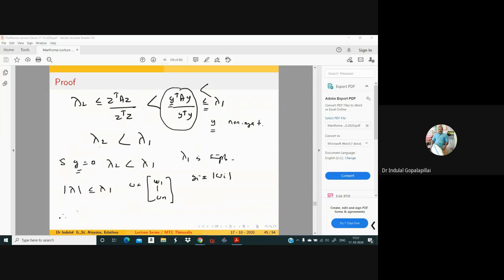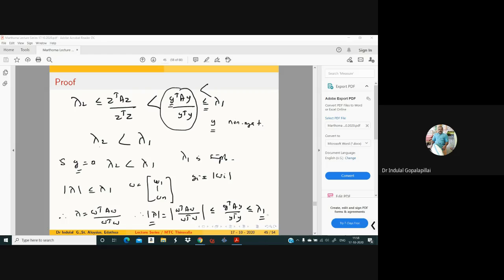Since W is an eigenvector corresponding to lambda, lambda is equal to W transpose AW by W transpose W. Therefore, the modulus of lambda is equal to the modulus of W transpose AW by W transpose W. This is less than or equal to Y transpose AY by Y transpose Y. And this is a Rayleigh quotient, and lambda 1 is the supremum. This is less than or equal to lambda 1, showing that the modulus of lambda is less than or equal to lambda 1.